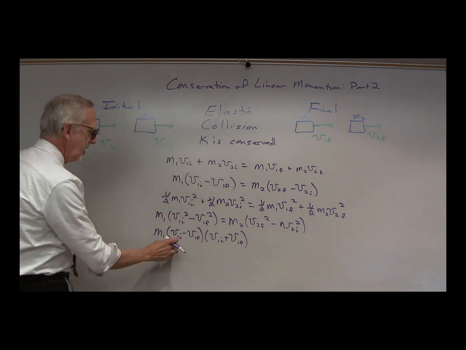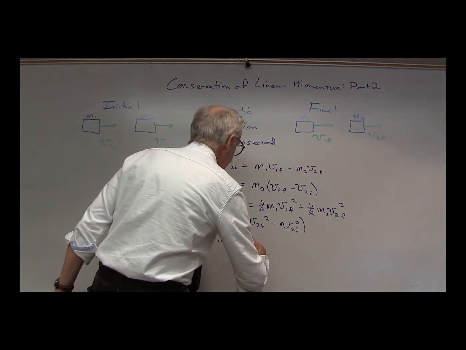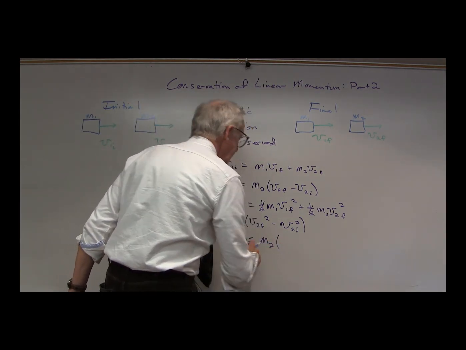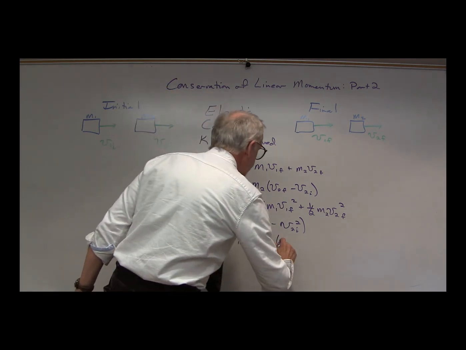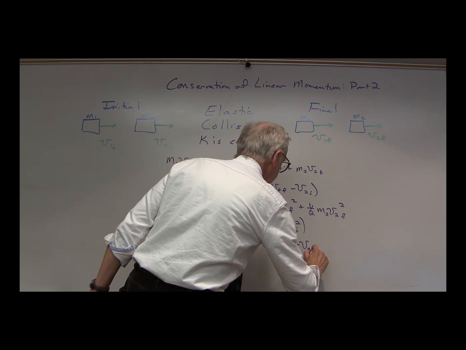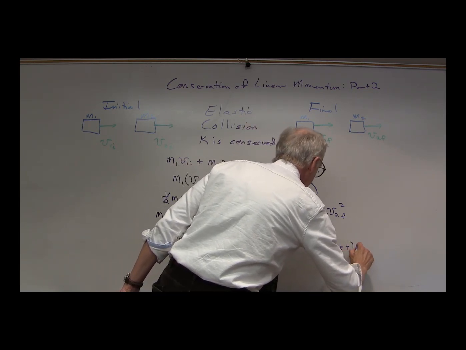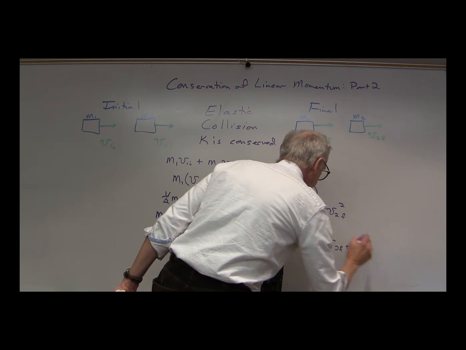Okay, so a minus b times a plus b. This equals m2 times, we're going to do the same thing over here, v2 final minus v2 initial times v2 final plus v2 initial.